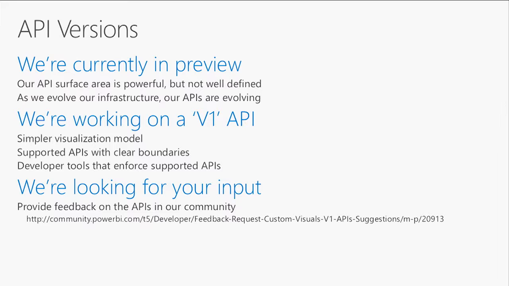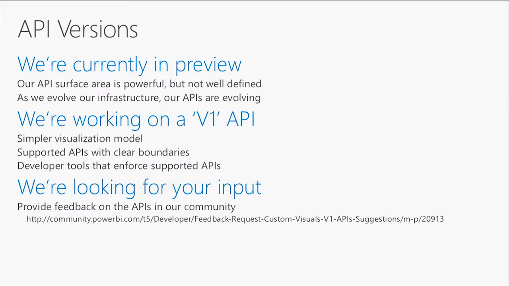And those APIs will be supported for the long term. And what that means to you is that you'll just simply use interfaces, you'll write your visual, the visual won't break with various builds of Power BI. And you'll know very well when we're going to introduce a new API version beyond the initial one, so that you can adapt to it and have enough time to migrate your visualizations.